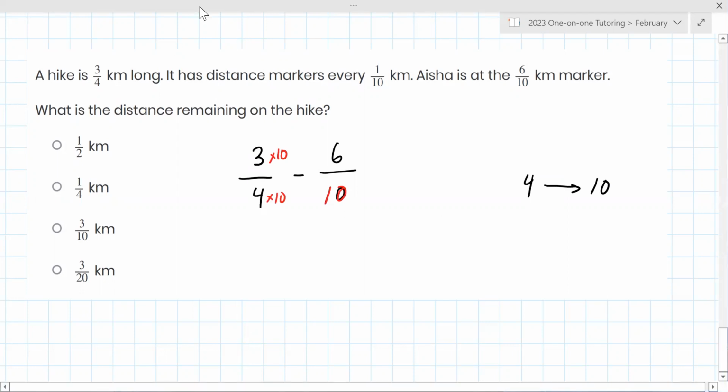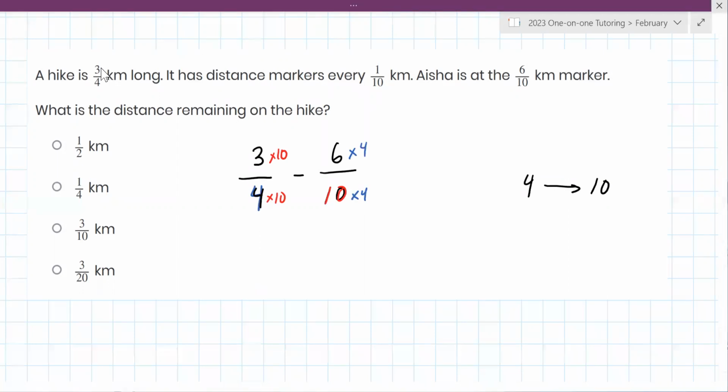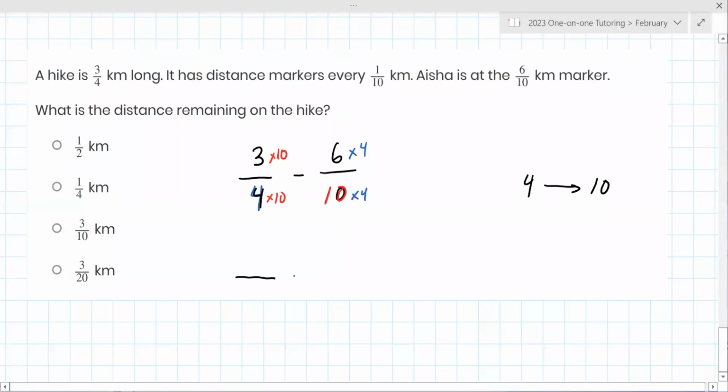And then the 4 on the bottom left, you're going to multiply the 2 right numbers by it. So give me the 2 new fractions here. 30/40. Okay, very good. 24/40. Very good. So see how the bottoms are the same?